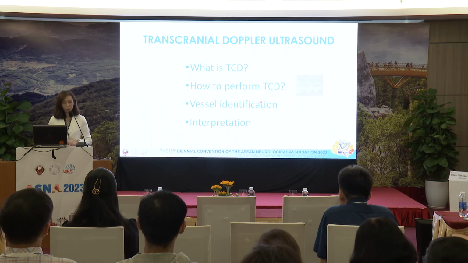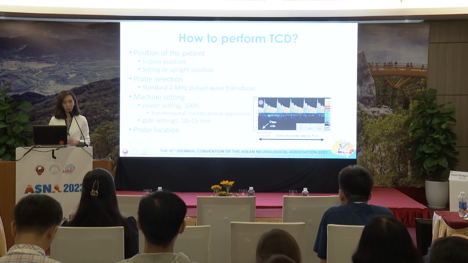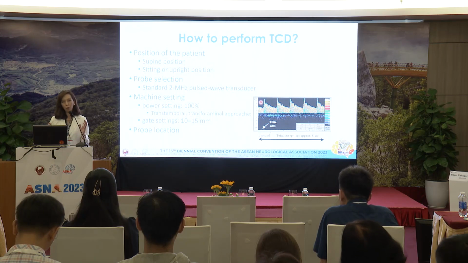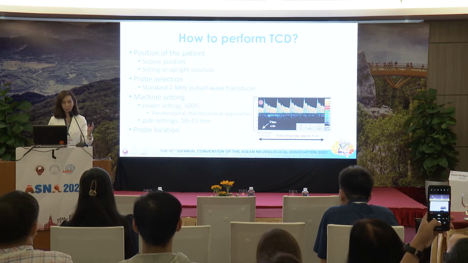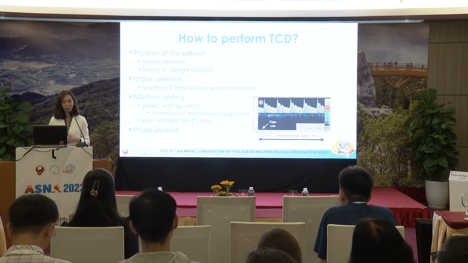So how do we perform a TCD examination? It's actually the same as Dr. Ramani mentioned earlier. You start off with positioning the patient. Usually the patient can lie down in bed and we are at the head area of the patient.